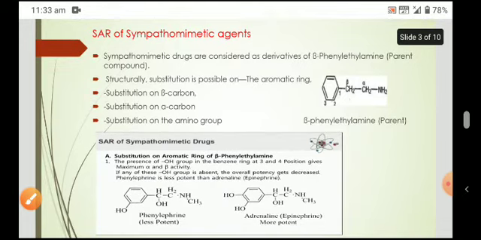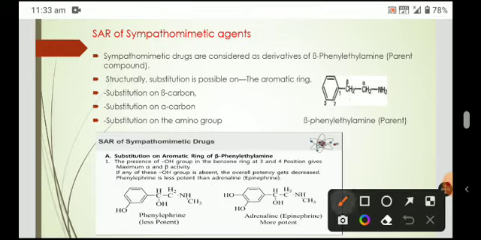Now moving to the next slide, that is the SAR of sympathomimetic agents, the structure activity relationship. For considering the SAR of sympathomimetic agents, the basic structure of beta-phenylethylamine is to be considered.